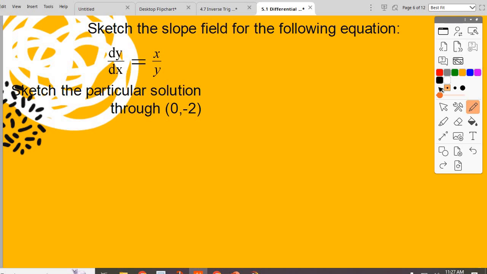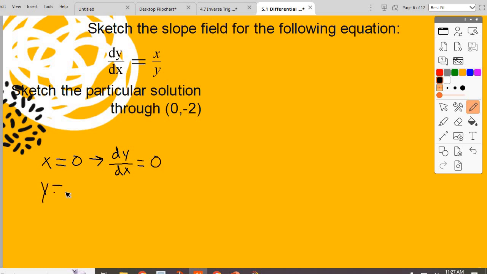Alright, so here, this time we do have a fraction. So notice a couple of key things that we would probably want to take away. Notice that if my x value equals 0, then our slope is also going to equal 0.